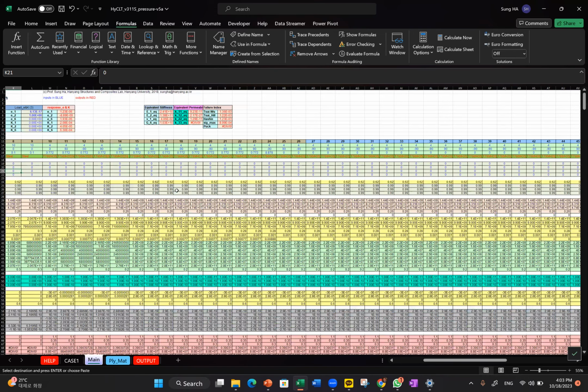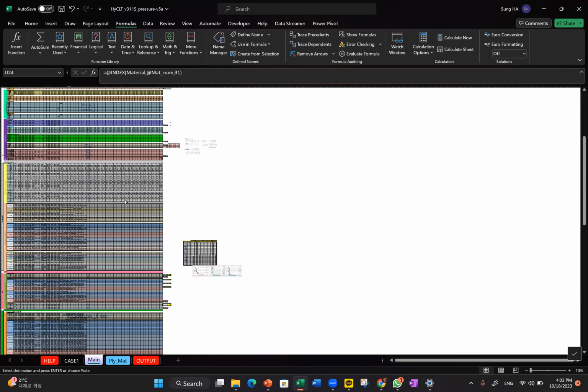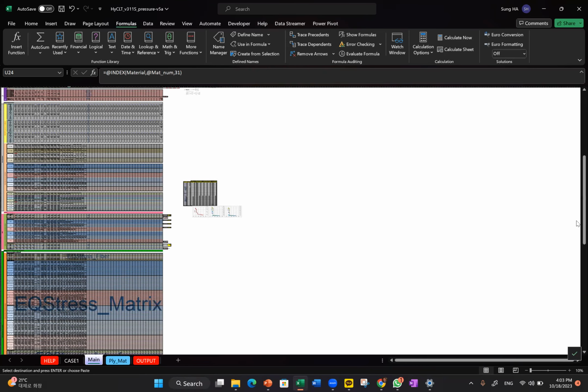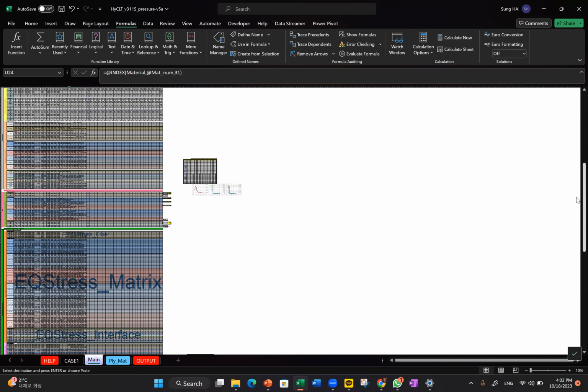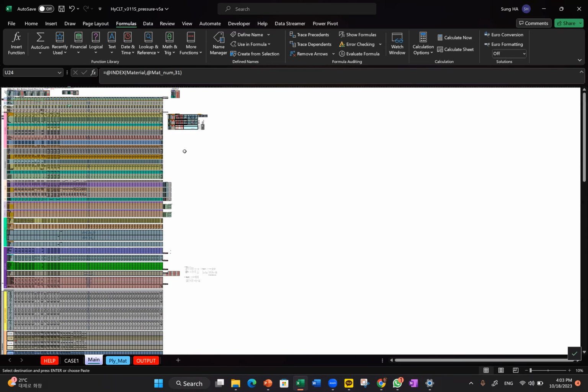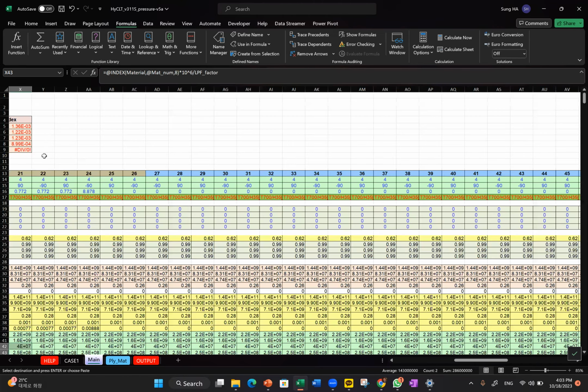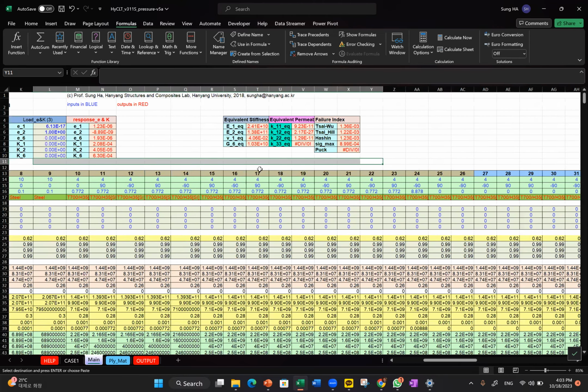Actually, you can see that it has a lot of columns, up to as many plies as we wish to consider. But you can simplify; you can reduce the number of plies.